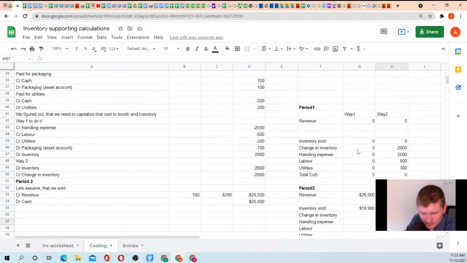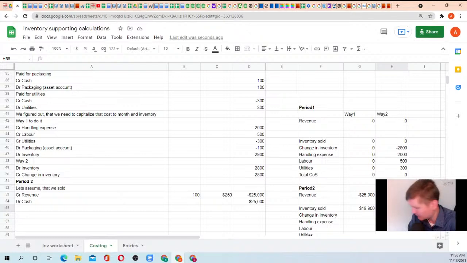Now, for the first method, we didn't capitalize anything to initial inventory sold. Instead, we capitalized to initial inventory sold, but a bit different amount, 2,800.